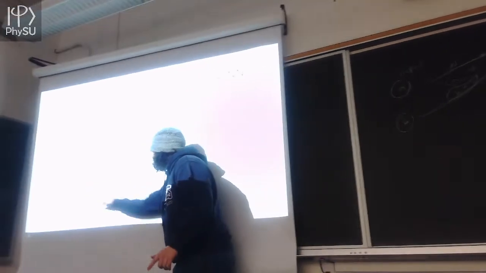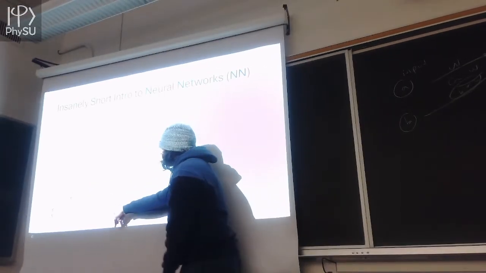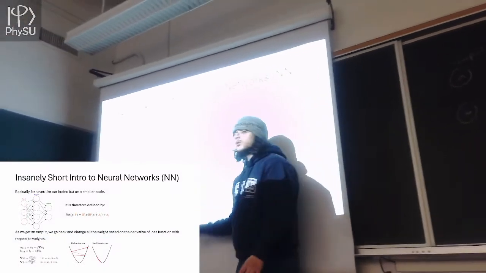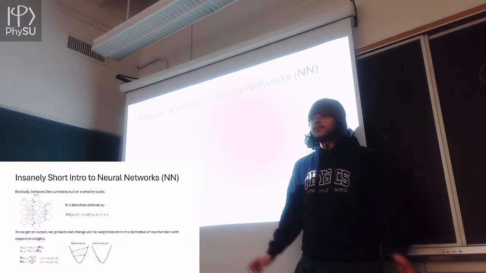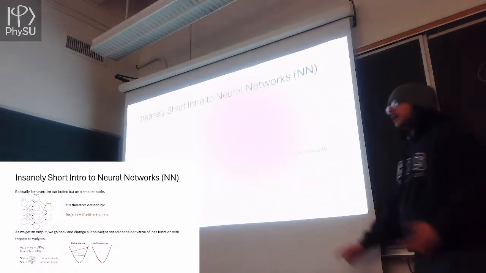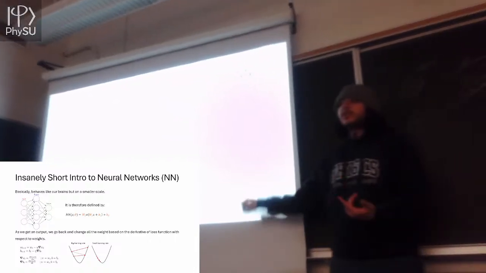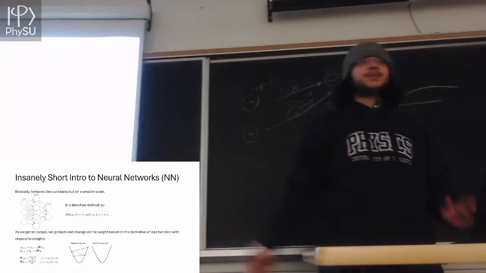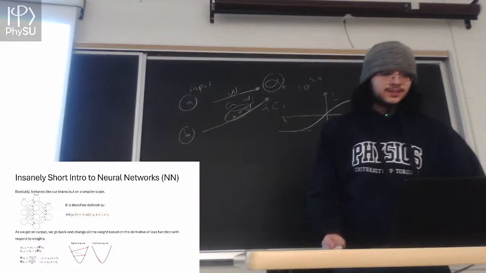It's going to jump over the values and never converge. But if you have a really, really small learning rate, then it's going to take an enormous amount of time to converge to a single result. That's a consideration people usually have to keep in mind, but for now we're going to skip that as well, because this is introductory.